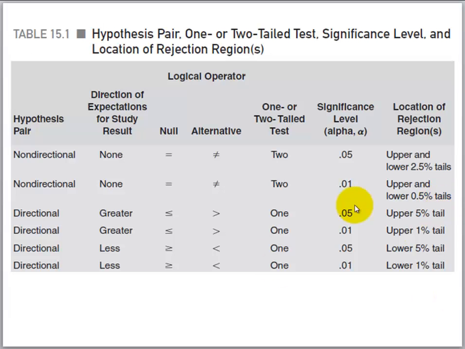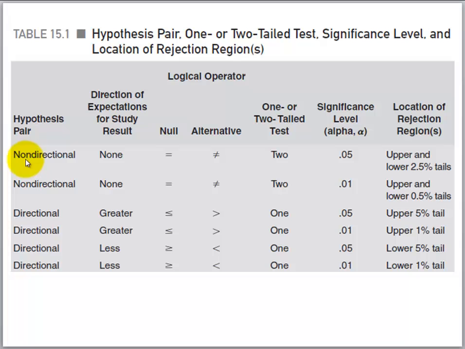So our table here is showing the relationship between the type of hypothesis pair and the ultimate location of the rejection region. So let's just go through one of the examples.